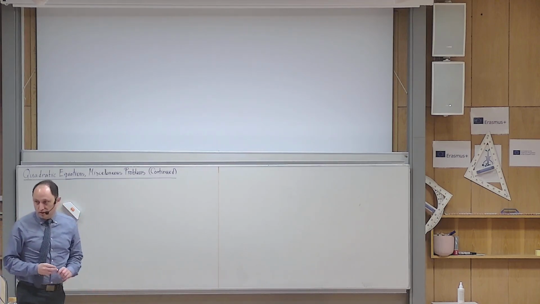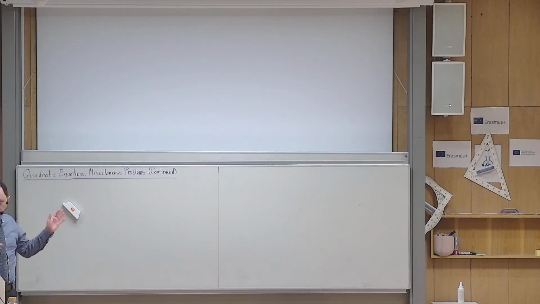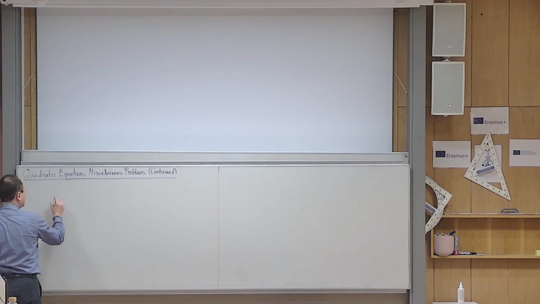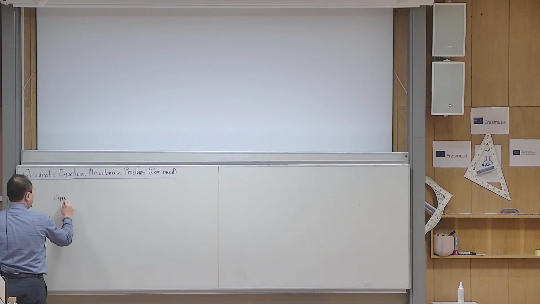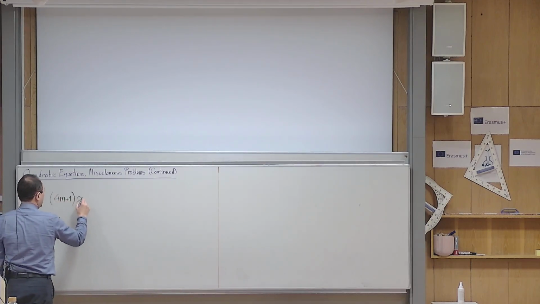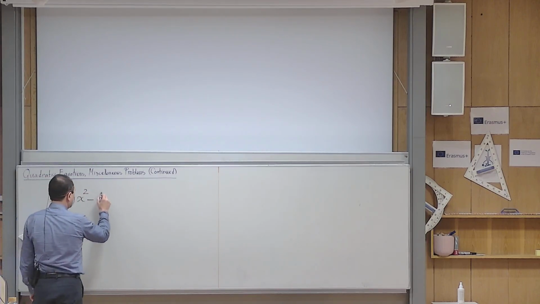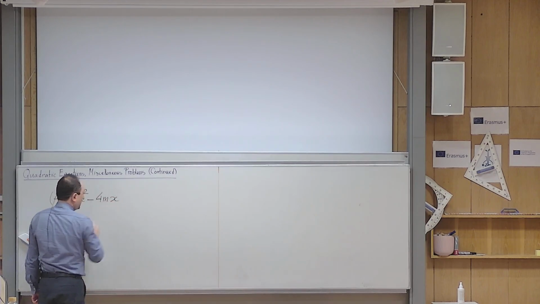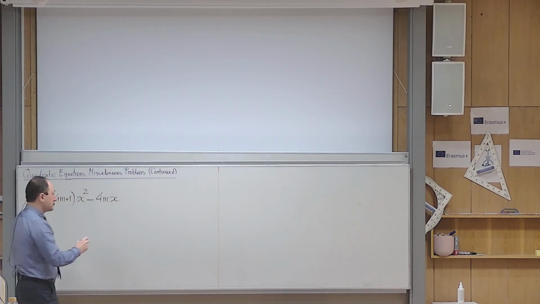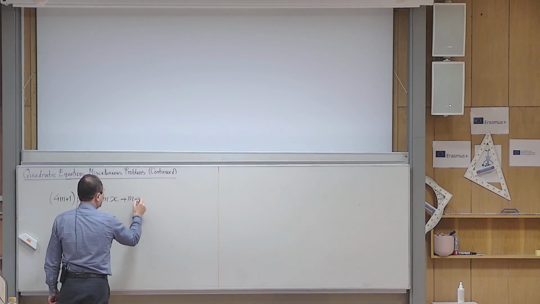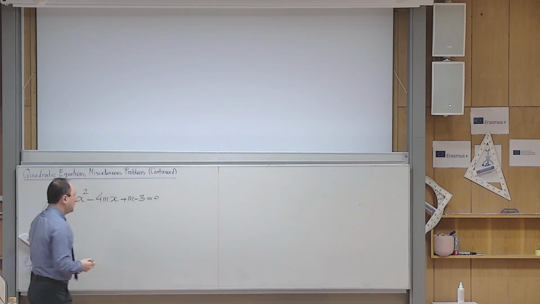This was the question. I don't write it in full form, but we have given a quadratic equation (4m + 1)x² − 4mx + m − 3 = 0.